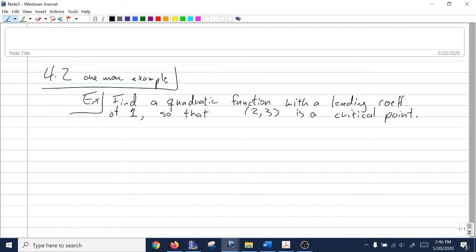Okay, I want a quadratic function. What's a quadratic function? I've taken an algebra class. I've taken an English class too. So I know a quadratic function is something like ax squared plus bx plus c.